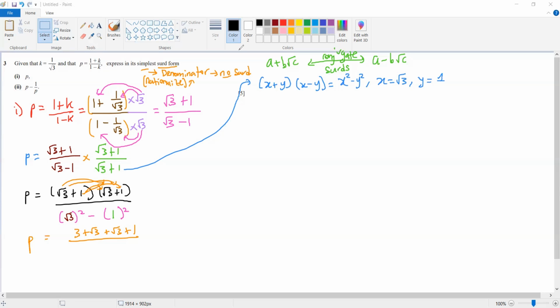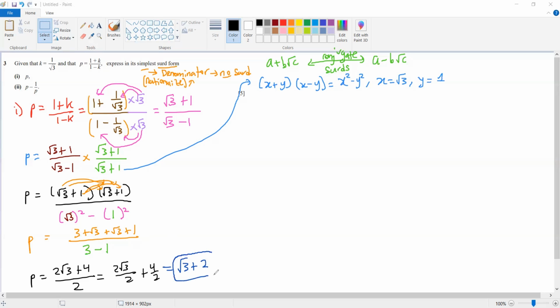The denominator becomes root 3 squared, which is 3, minus 1 squared, which is 1. So 3 minus 1. Let's simplify the numerator: 2 root 3 plus 4, over 2. Separate out the fractions: 2 root 3 over 2 plus 4 over 2. And finally, we get the answer for p in its simplest form, which is root 3 plus 2.